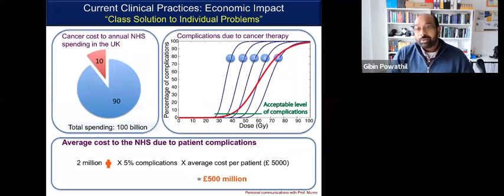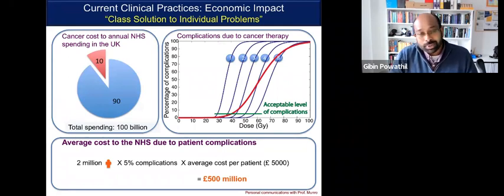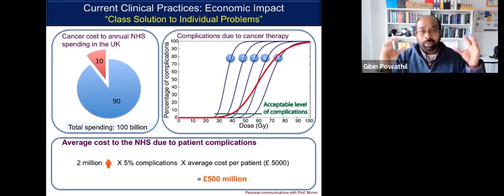So why are we doing it? In the current clinical practice, it's mostly what we call a class solution to individual problems. A lot of money is spent on cancer treatments, and most of the time patients with even a particular type of cancer are given uniform treatment scenarios.